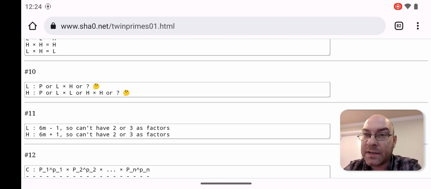That power might be just 1. So the form I've written here is the first prime to the power of some first power times a second prime to the power of some second power, and so on, eventually to some nth prime raised to some nth power.